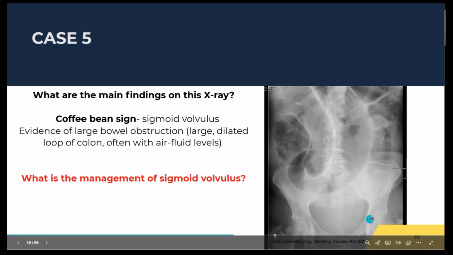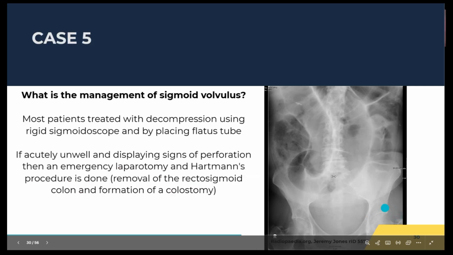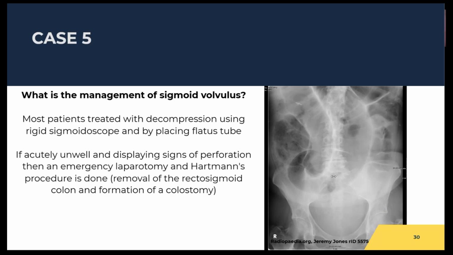And thank you, Dr. Shah, for answering some of the questions in the chat. Okay, so as I mentioned, if there are no signs of peritonitis or perforation, most patients can be treated with decompression, which involves using a rigid sigmoidoscope and placing a flatus tube. However, if there are red flags such as peritonitis or perforation, fever, elevated lactate, then you can perform emergency laparotomy and a Hartmann's procedure. So this is removal of the rectosigmoid colon and then the formation of an end colostomy, which is a stoma.